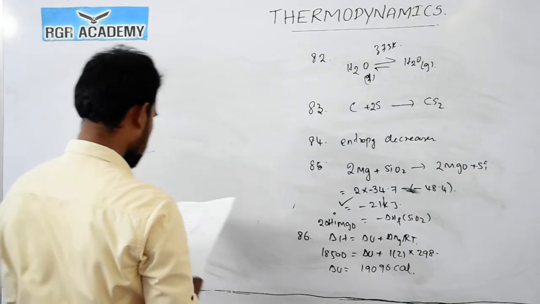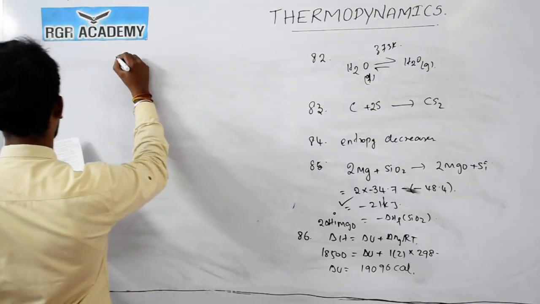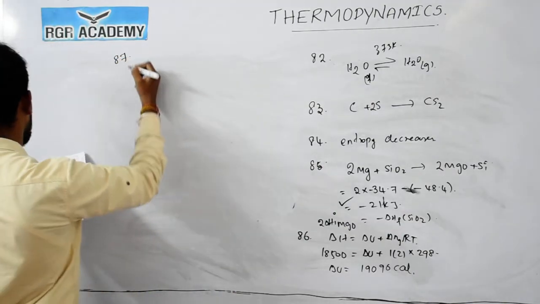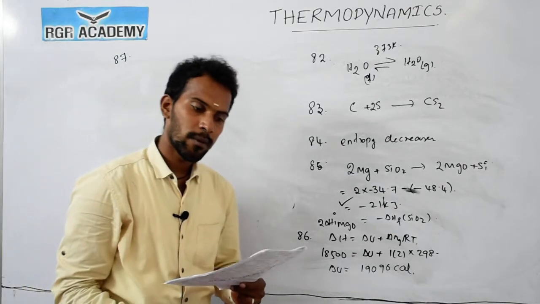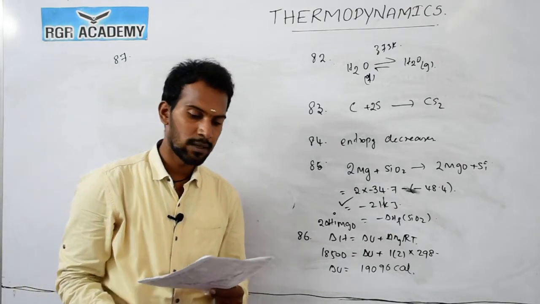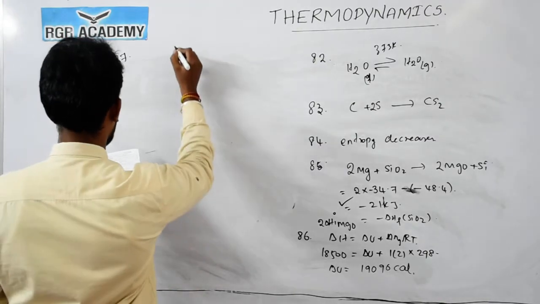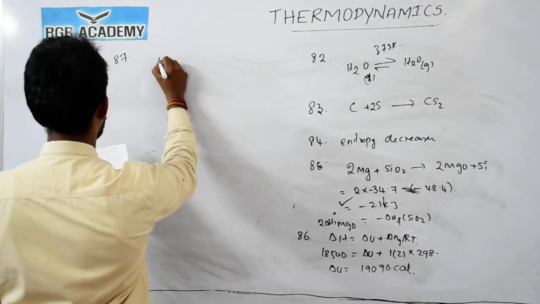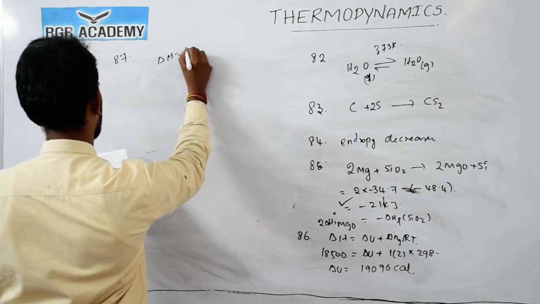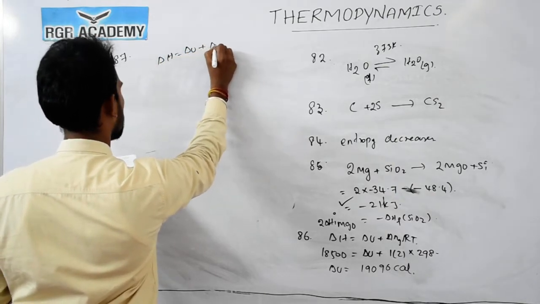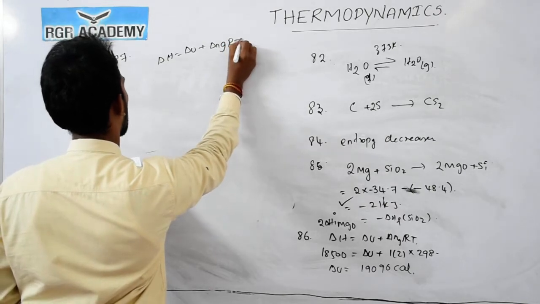Now question number 87. For the reaction A plus 2B gives C plus D, delta H is equal to delta U plus delta Ng RT.